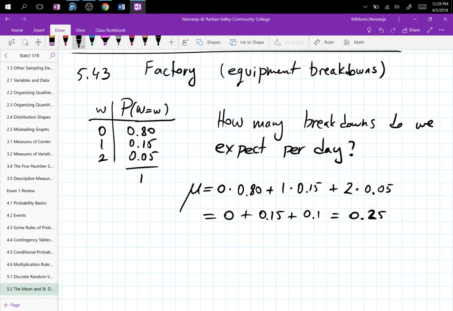We are expecting a quarter breakdown a day, so times 4, we are expecting something to break. It's not guaranteed 100%, but we are expecting something to break every 4 days. How many breakdowns are we expecting in 200 days? Times 200, right? So, how many breakdowns in 200 days?